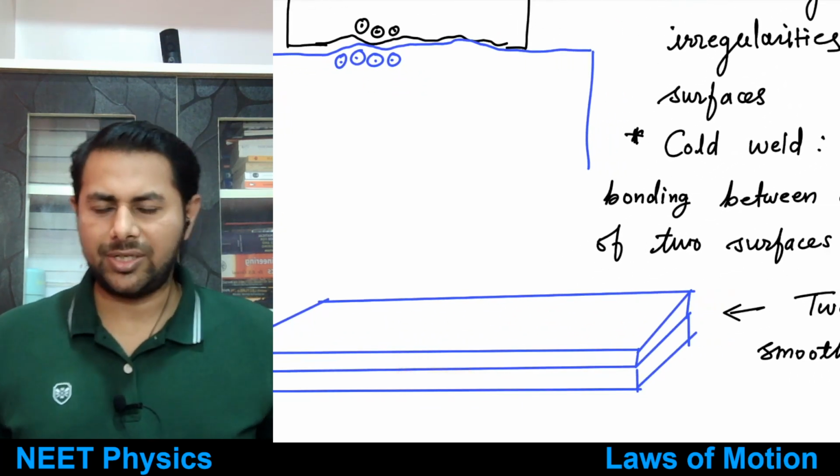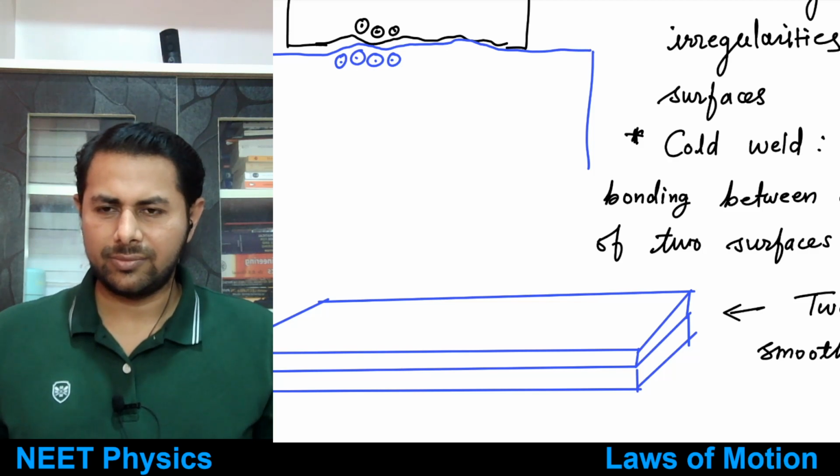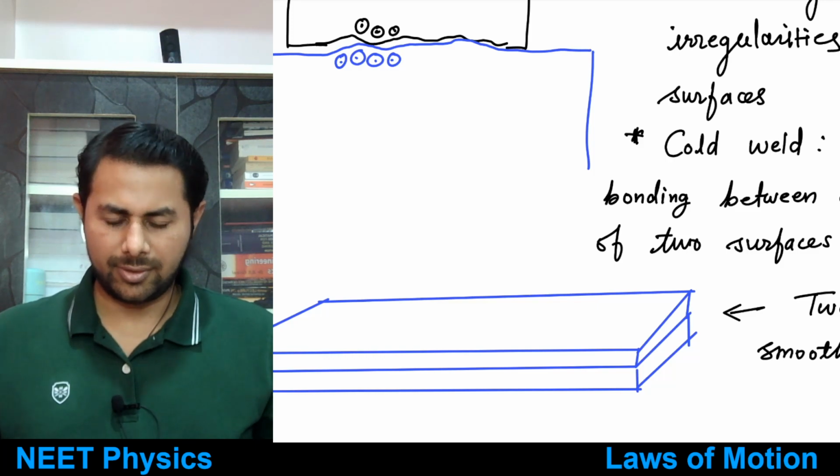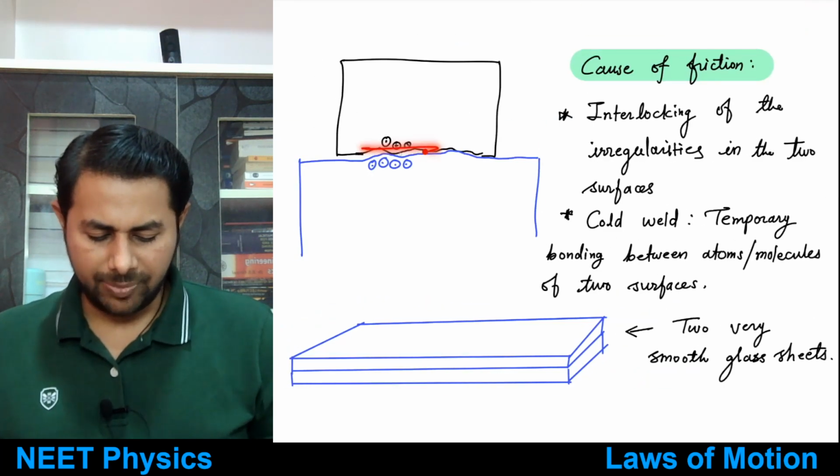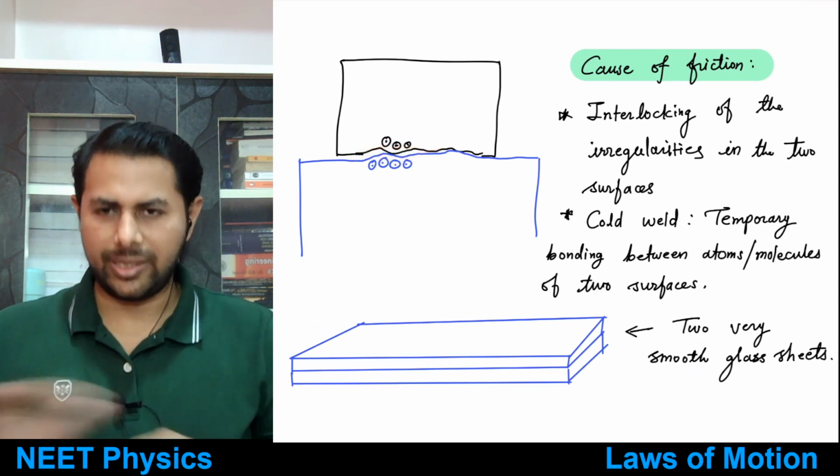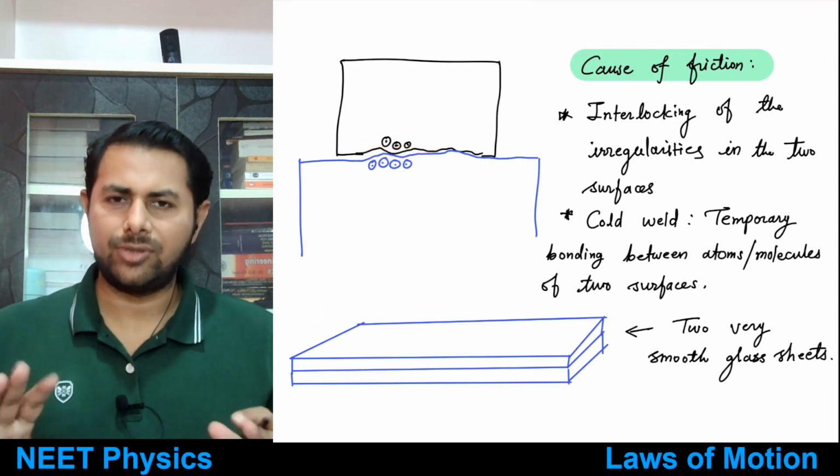Will it increase? Will it decrease? What do you think? Decrease. So if you make the surfaces smooth, the friction should decrease, right? And it will decrease to some extent.